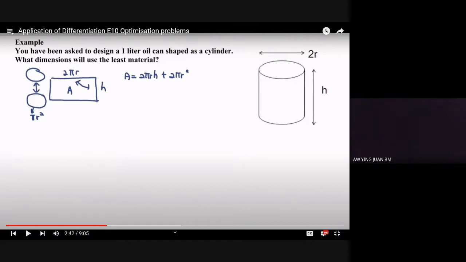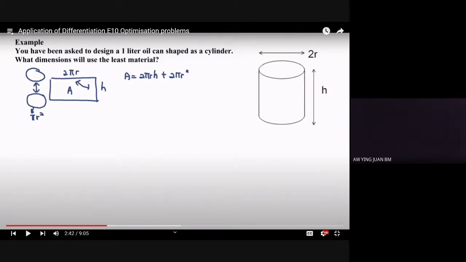So macam mana kita nak buat supaya dia tinggal satu variable sahaja di kiri, satu variable sahaja di kanan, sama ada R sahaja semua atau H sahaja semua. So itu adalah langkah pertama. Kemudian langkah kedua, dia kata express Y into a single variable function. Okay, sebagai contohlah, A equals to, di sini saya tak pasti apa, tapi yang penting semua in terms of R.